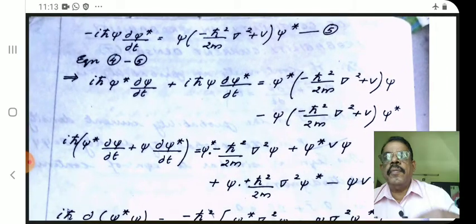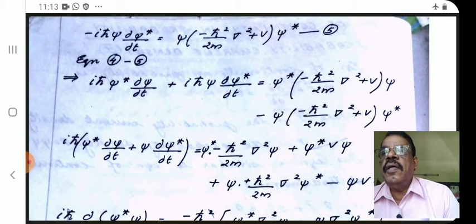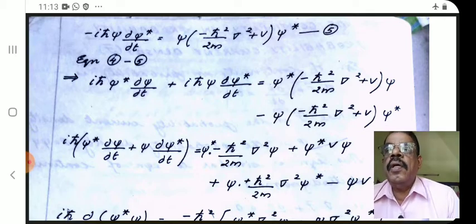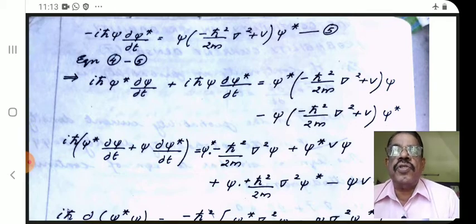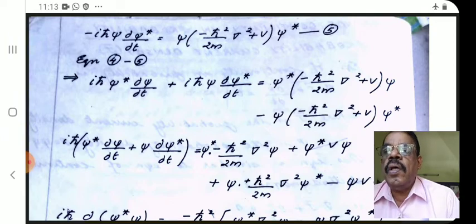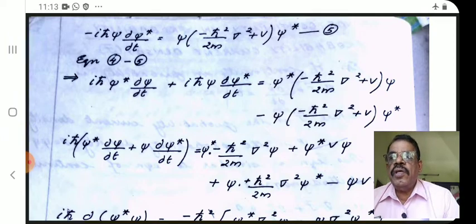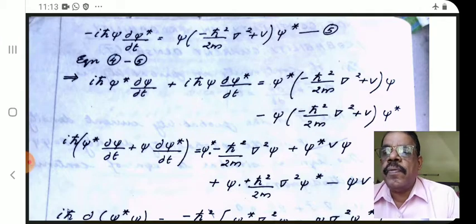Second equation, we multiply it by psi. Minus i h cut psi dou psi star by dou t is equal to psi into, minus h cut square by 2m del square plus V psi star. That is equation number 5. Now what we do is equation 4 minus 5.